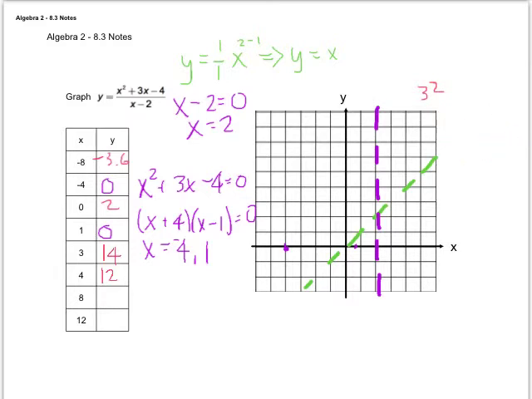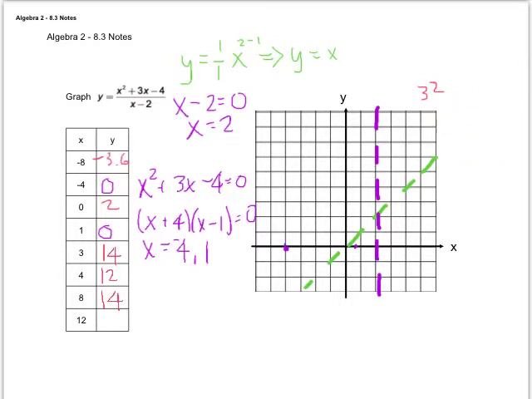And then 8 squared plus 3 times 8 minus 4 all over 8 minus 2. You plug that in, you're back up to 14. And then, just for giggles, toss in the 12 so you can really see what it's doing. And it starts to increase quite rapidly.